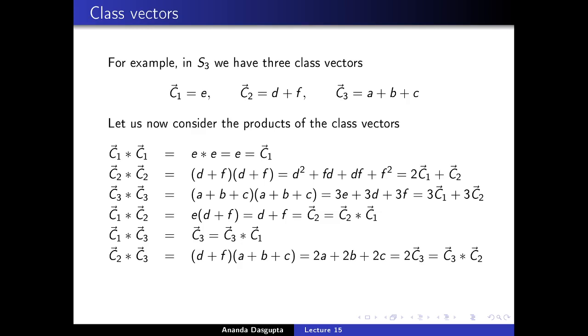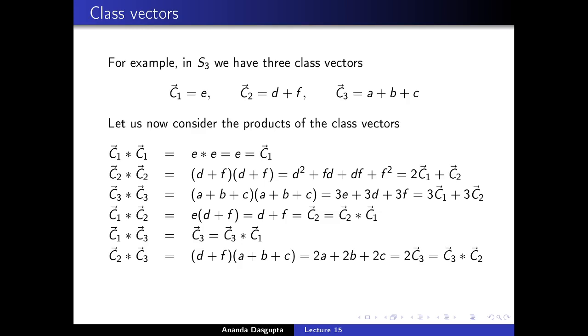So the coefficients can be either positive integers or 0. In other words, if a class element actually occurs in a product like this, every other element of the class will occur. Not only that, if a particular element occurs multiple times, every element belonging to the same class as that element will also occur exactly the same number of times.